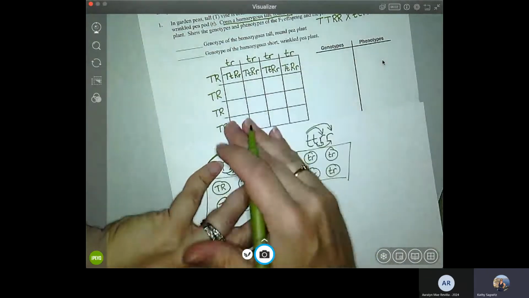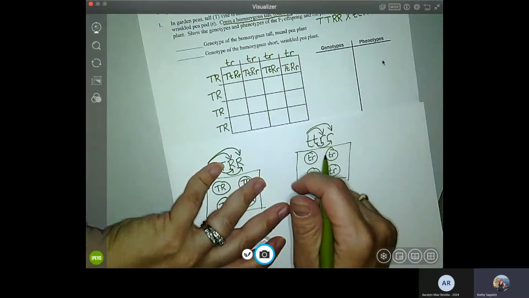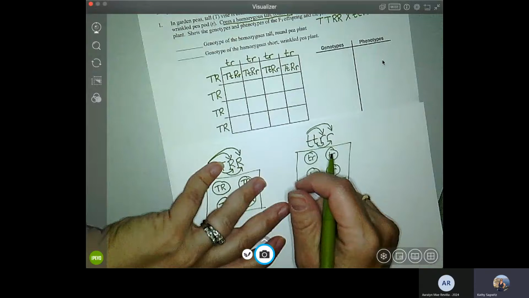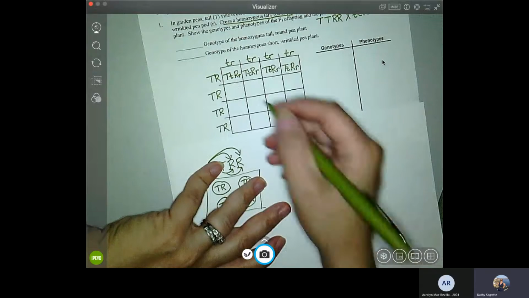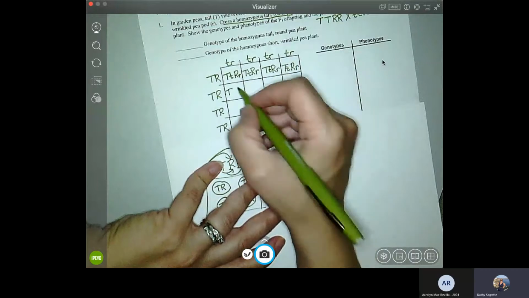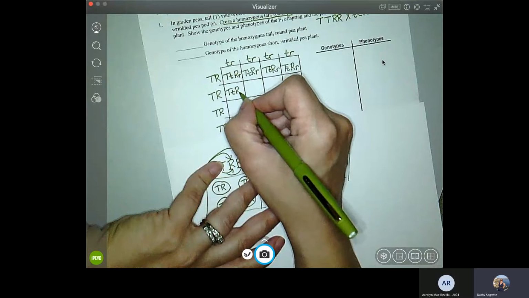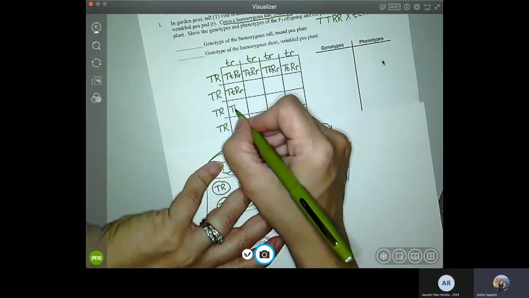And honestly, in this one, what are all of these boxes going to be? Look, because we're crossing, it's all the same, right? So they're all going to be big T, little t, big R, little r.